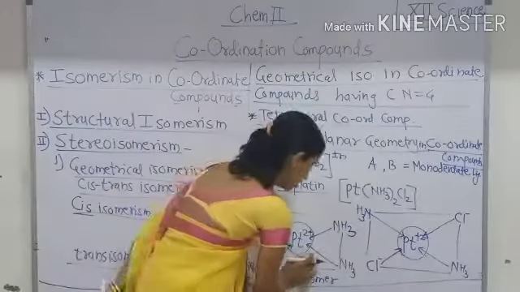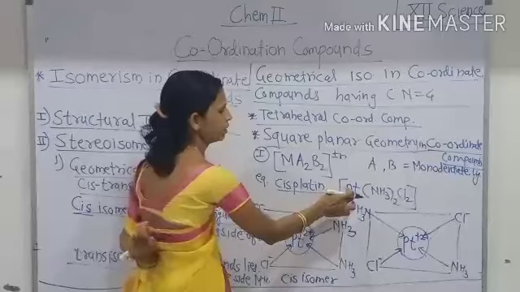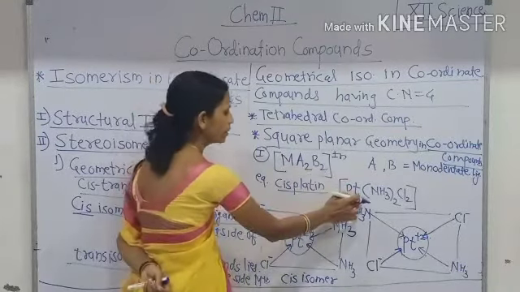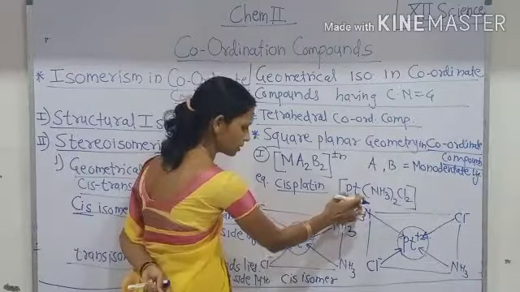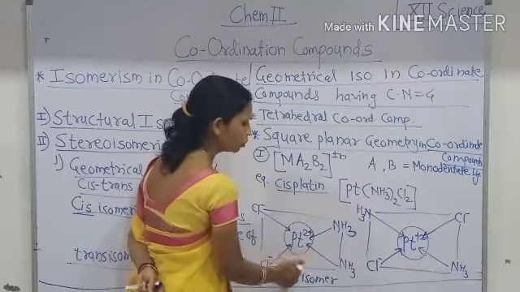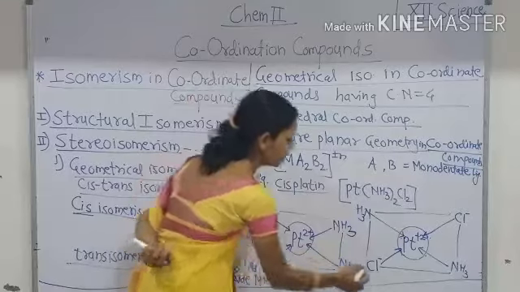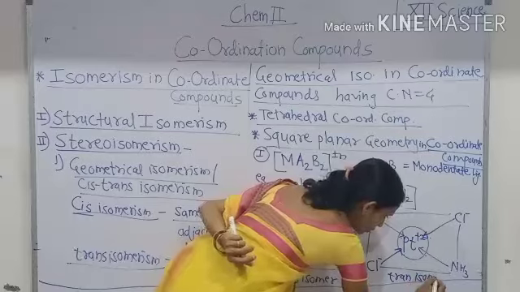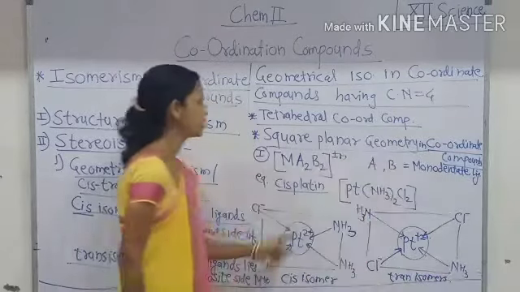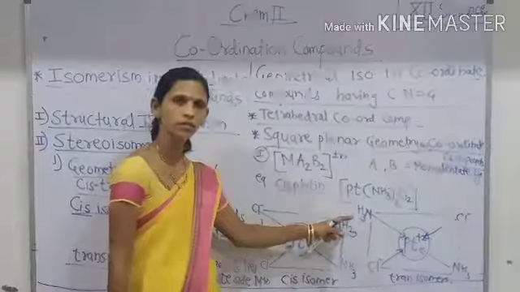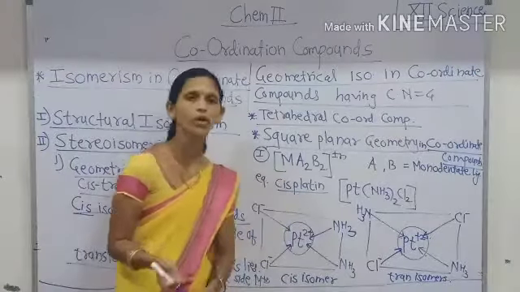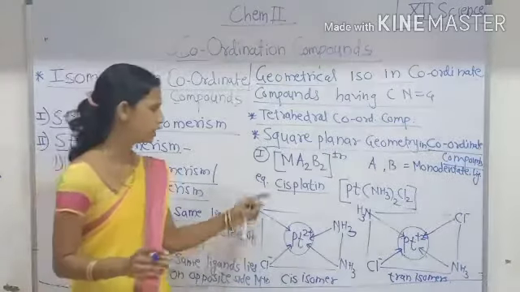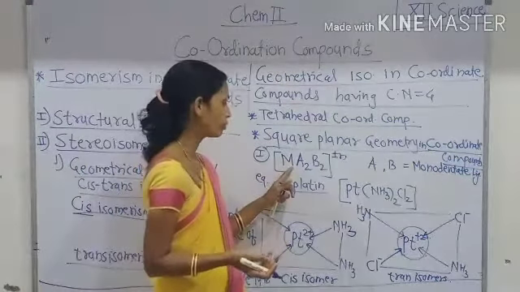Then see here, cisplatin, that complex of Ma2B2 type, shows two different types, that is cis and trans isomers, that is geometrical isomers.